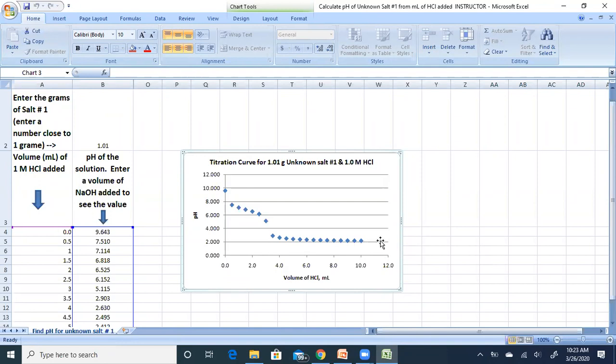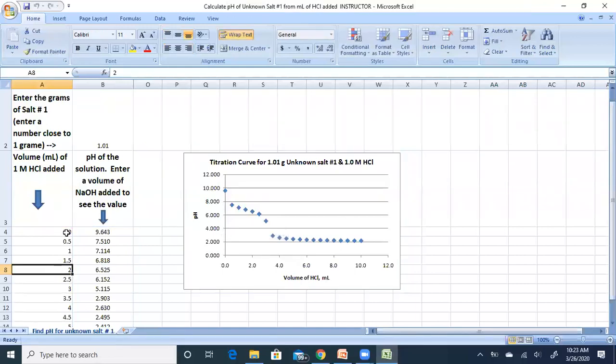This is just visual. If you want, you can go to YouTube and see how you get the first derivative from the titration curve. If you have the data here, with the volume as the x-axis and the pH as the y-axis, you can calculate the first derivative. Also, those numbers you can change.